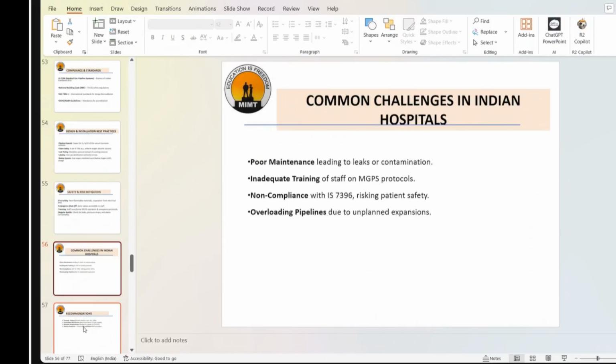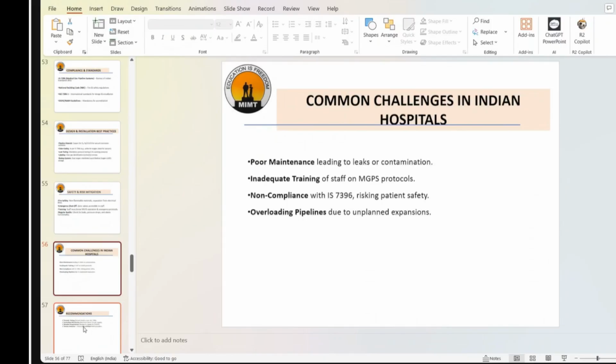And overloading of the pipeline, you can easily understand, is only poor planning. In the planning stage, we are not planning properly. Suppose we are going to plan for a 400 bed hospital, or हम जो pipeline का system, we have just planned for 200 beds. So that is poor planning. तो फिर there is a chance of overloading, and if overloading is there, then you will get reduced pressure or something like that.